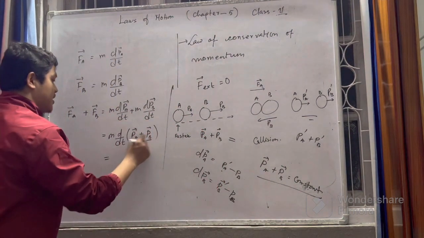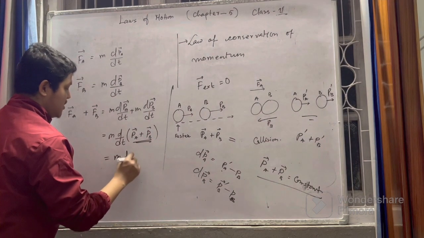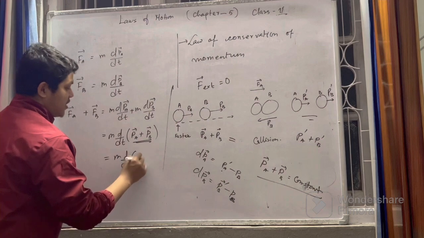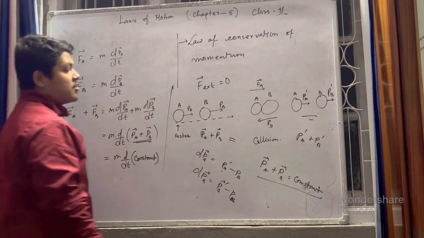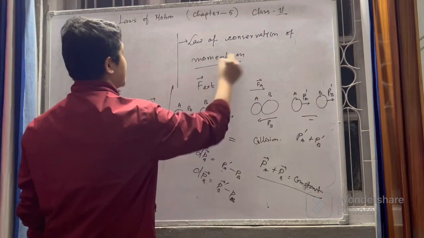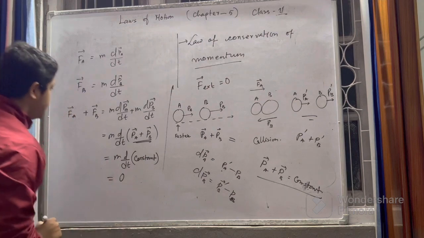If this is constant, that means total momentum is always conserved according to the law of conservation of momentum. So that's why it's going to be equal to 0.